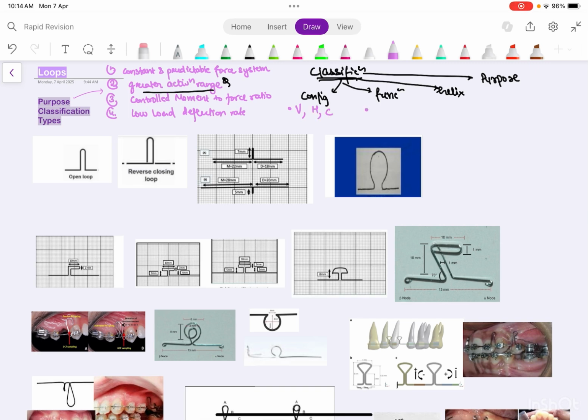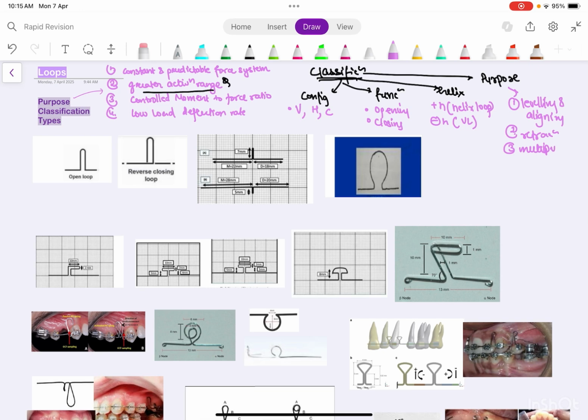Function, either it can be used for opening or for closing. Helix, it can have a helix, for example in the helix loop, or it can not have a helix, for example in vertical loop. Purpose, it can be used first for leveling and aligning, then some of the loops can be used for retraction, and some of the loops can be multi-purpose.